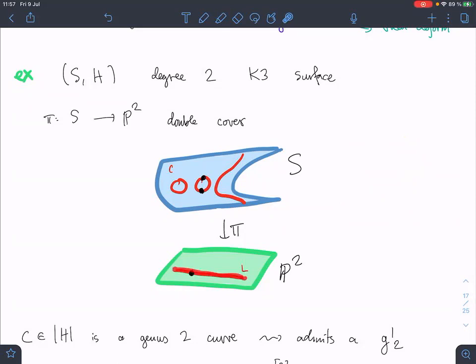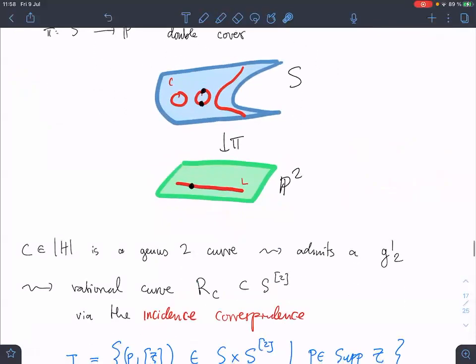So if you take a line in P2, the preimage here will be a genus 2 curve. If I take one of these genus 2 curves, well, it's a hyperelliptic curve, so it has a g^1_2, a linear system of dimension 1 and degree 2.